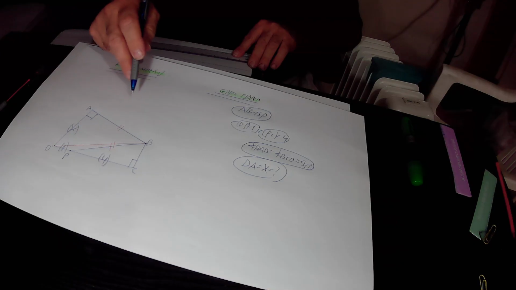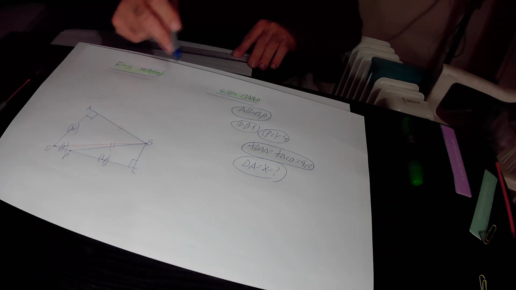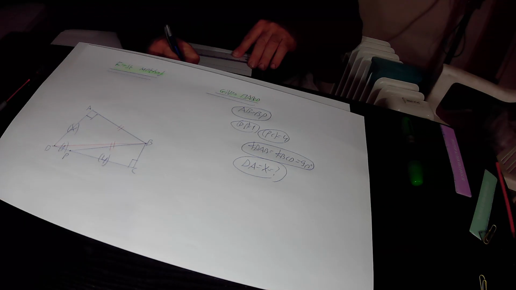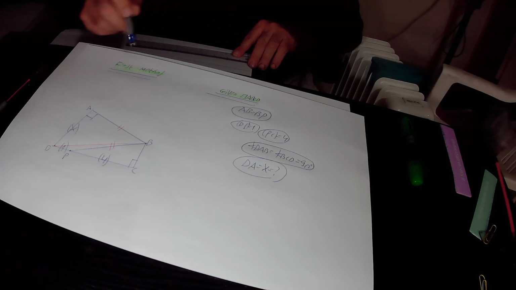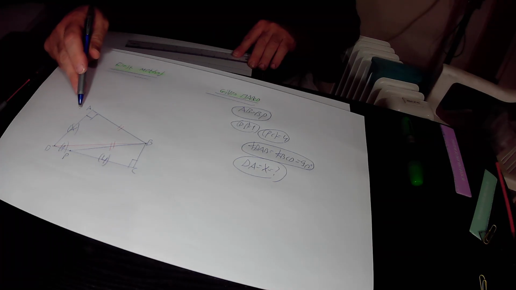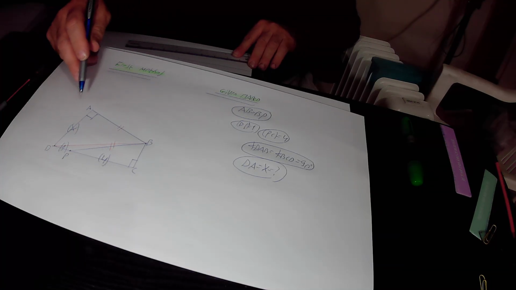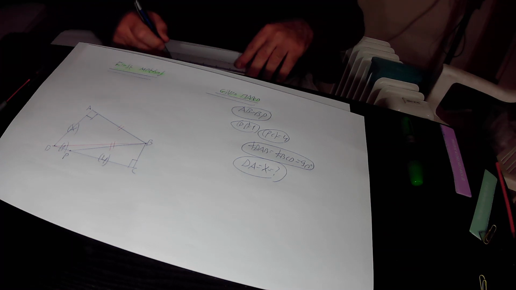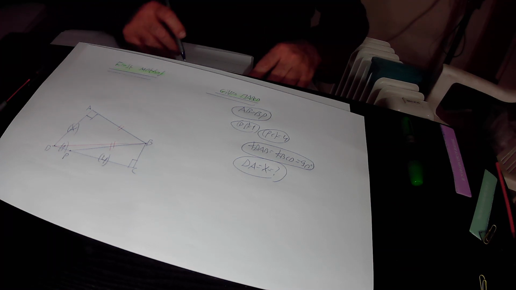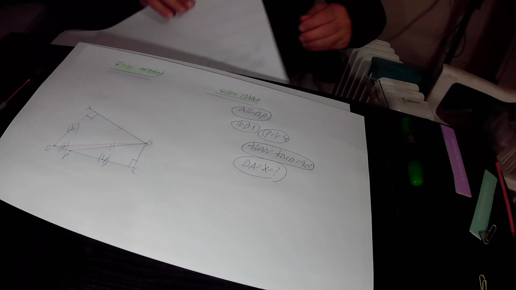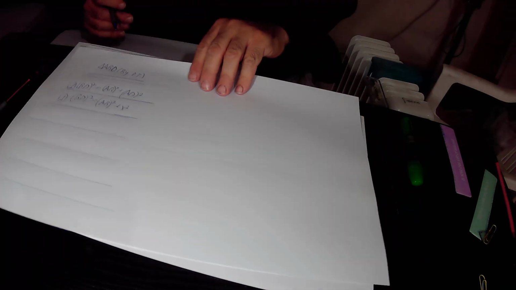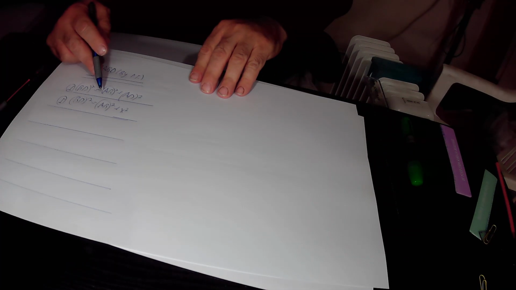AB is also a missing side, so we leave it as AB squared. AD equals x, and therefore AD squared equals x squared. x is the line segment we are looking for in this question. So in equation 1, we found that BD squared equals AB squared plus x squared.